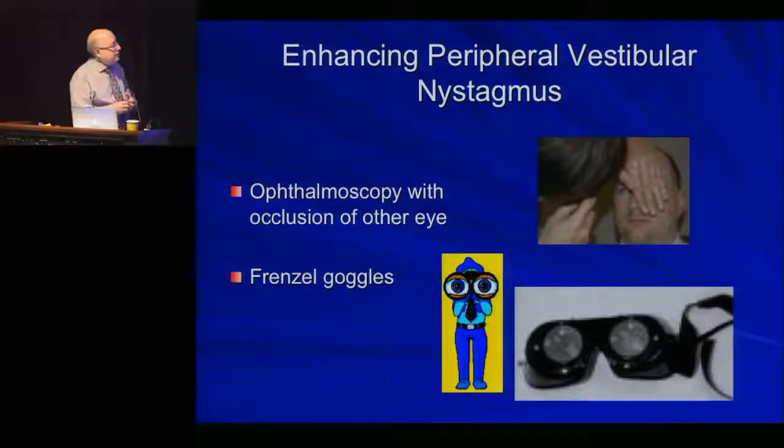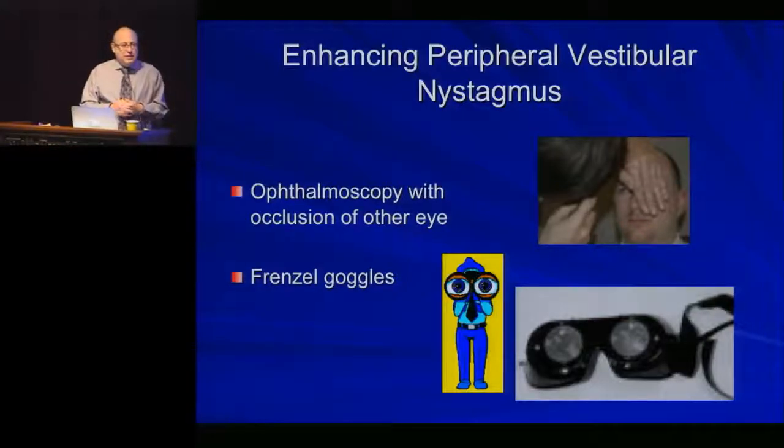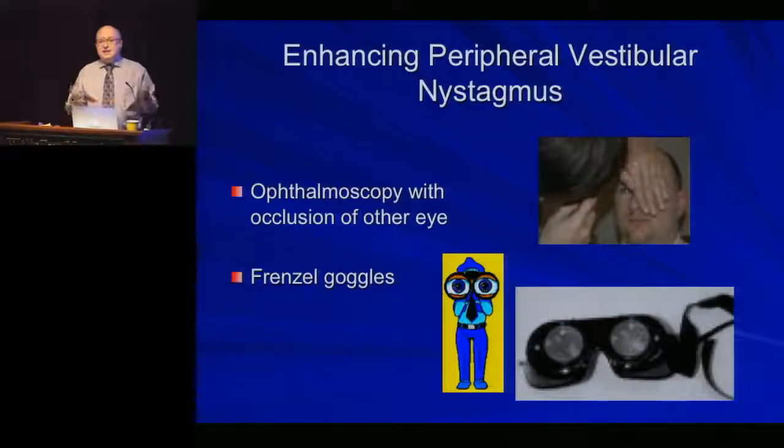The top photo shows somebody looking at the optic nerve with a direct ophthalmoscope in the dim lighting while covering the other eye. So they can't fixate on anything. You take away fixation, and you look at the optic disc, and you see the disc shaking, and you know that there's nystagmus.